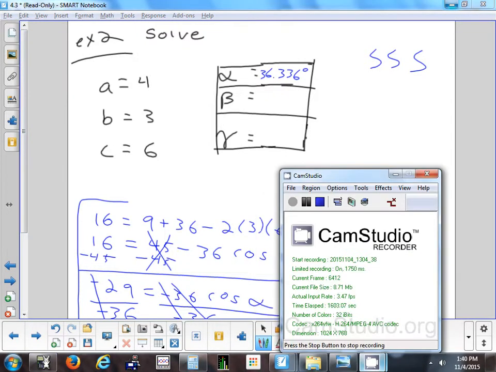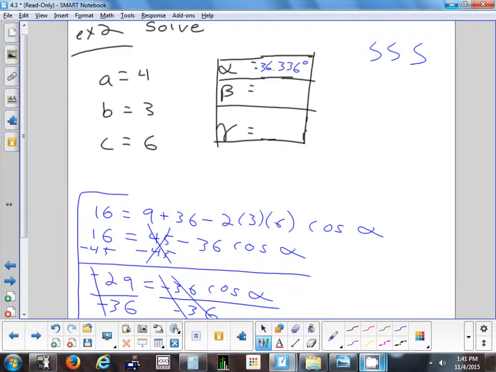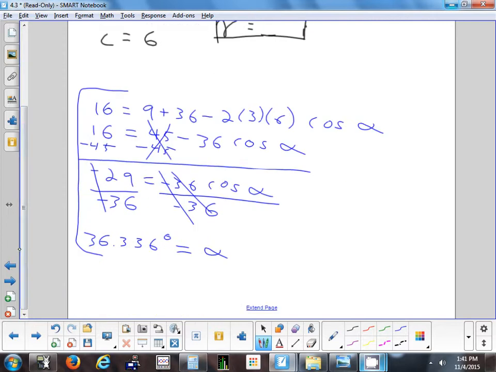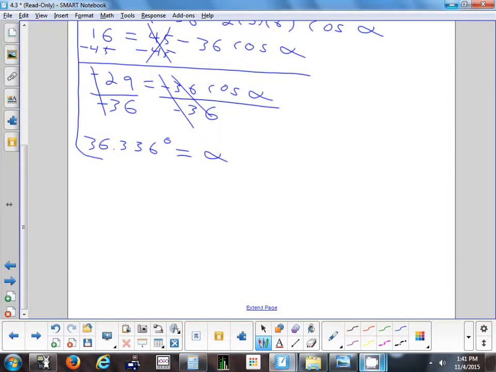Okay, so to solve for beta, it's b squared equals a squared plus c squared. Can someone just remind me what was b? 3. All right, so b squared, what was a? 4. And c? 6. Minus twice the product of 4 and 6, cosine, which angle are we finding?